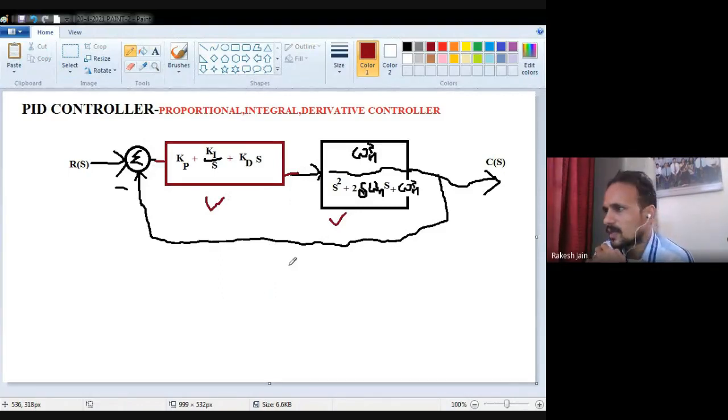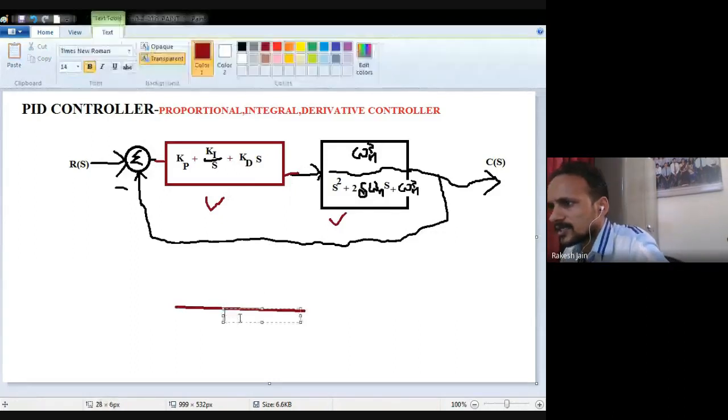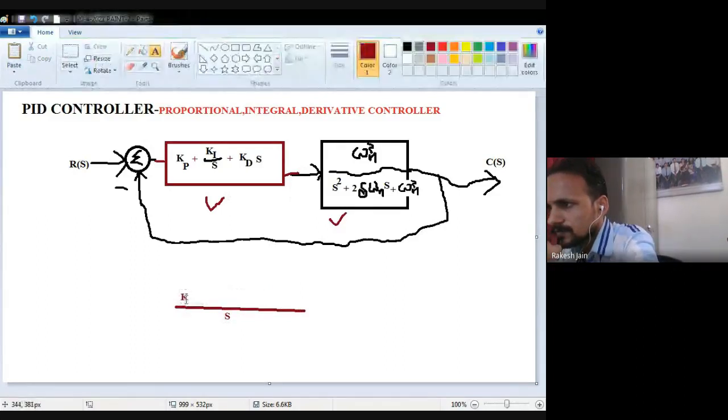Now see, they will be multiplied by each other. I take s as the LCM from the first term. If I take LCM s, then definitely Kp will be multiplied by s, so it becomes Kp s.